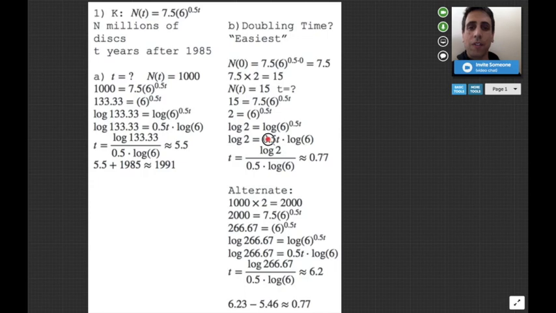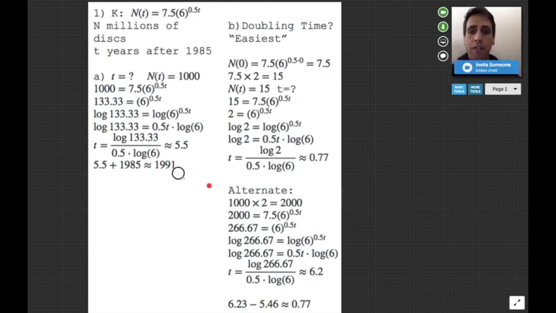Divide both sides by 0.5 and log of 6. You actually get the same exact thing. You have to type into a calculator log of something over 0.5 log 6, and you get an answer of 0.77. That is the answer. 0.77 years is the doubling time. Every 3/4 of a year, it's going to double in production.